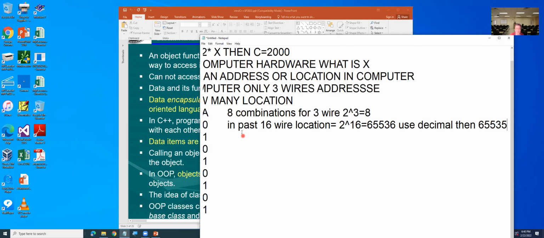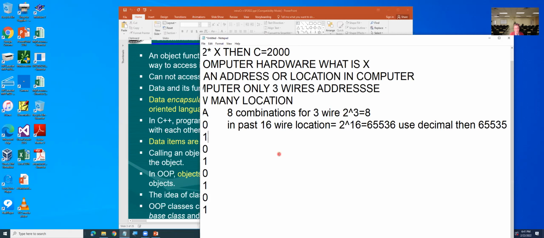But the thing is now, you understand the computer now. How many wires for address? 64. So that's why you're using the formula 2 power to 64. You can get a very, very big number.